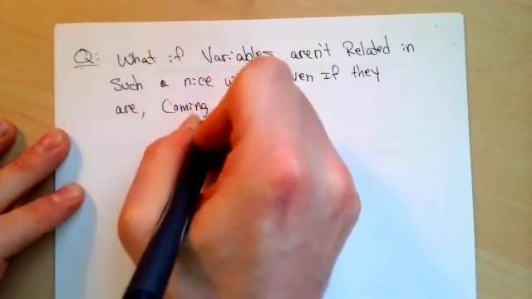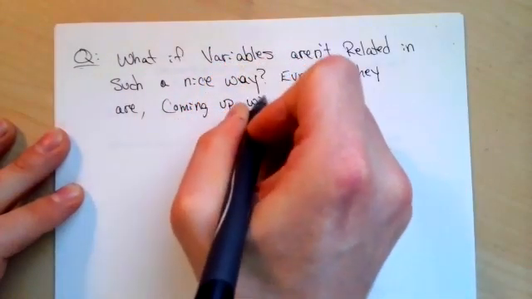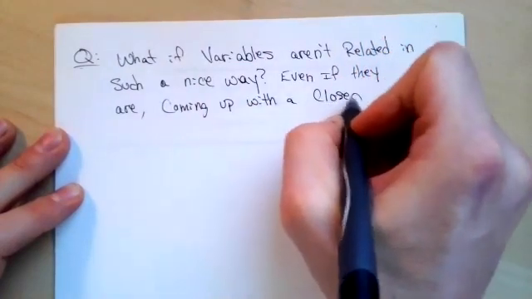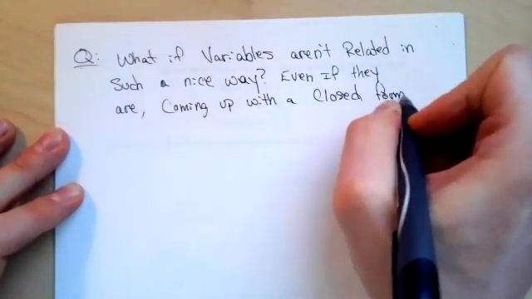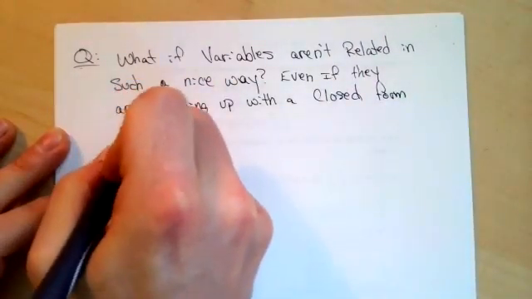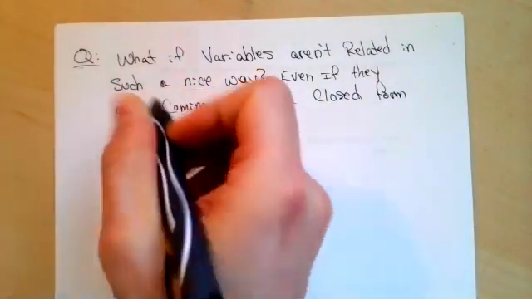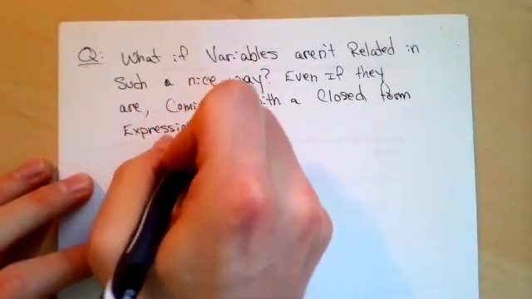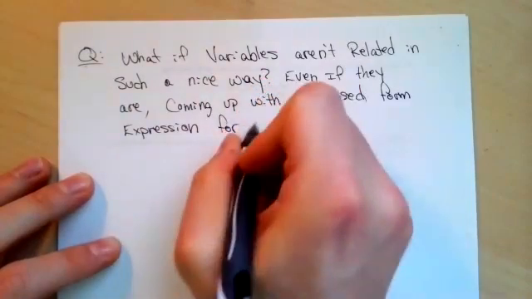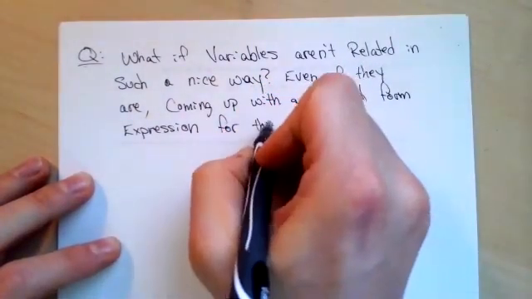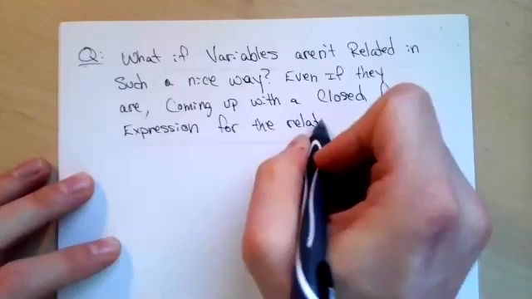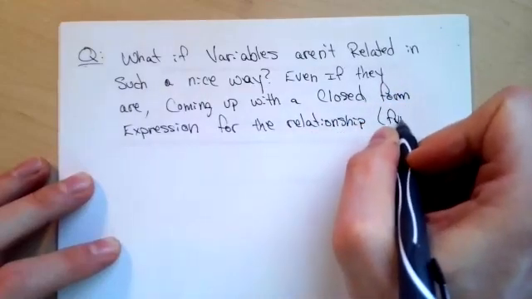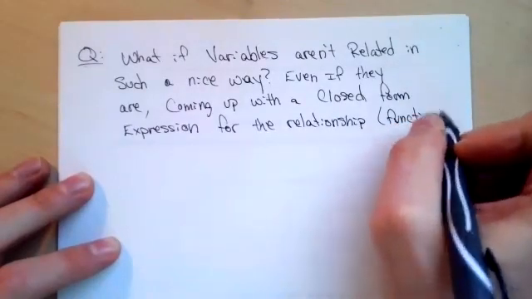coming up with a closed form expression, so again, f of x equals some nice algebraic expression for the relationships, i.e. the function, can be difficult.